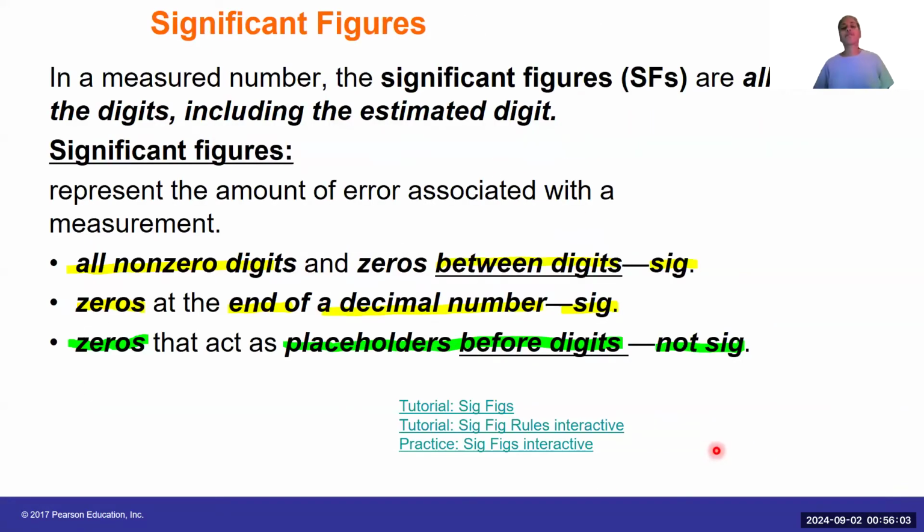So there are a couple of rules that we have to use when we are looking at measurements. And significant figures have to do with measuring the associated error. Do you remember in video 1 where we talked about mass, and when we were looking at the balance where it said 5.01 grams? Which one of those digits do you think was the uncertain digit?